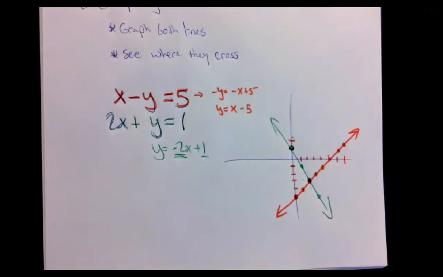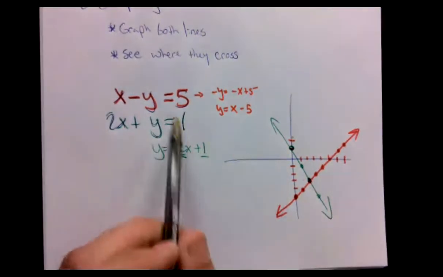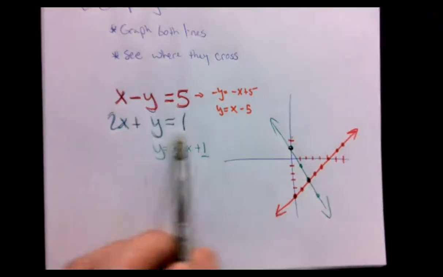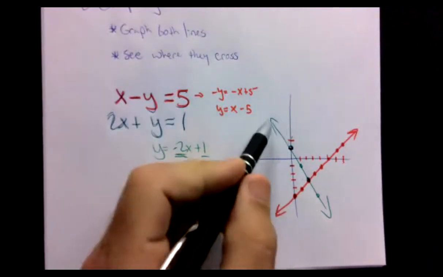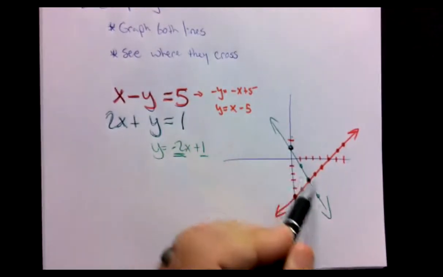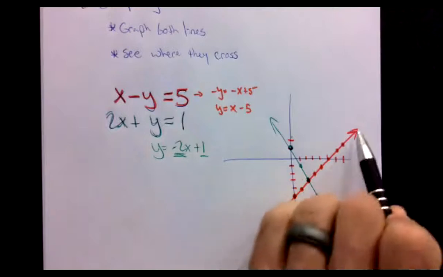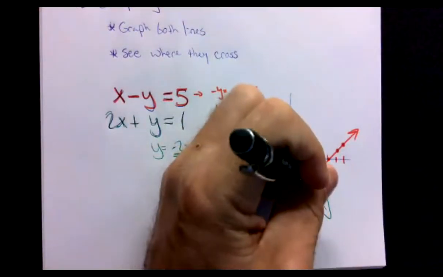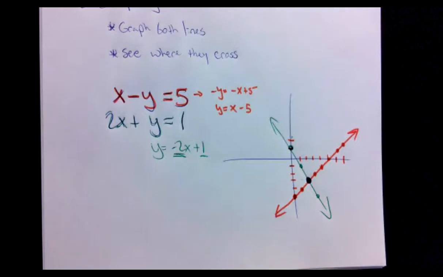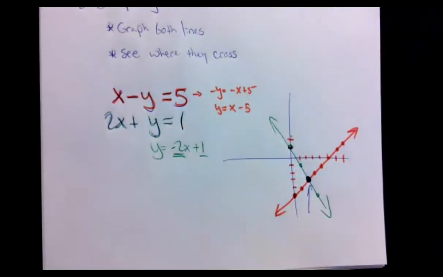So what we're looking for is what solutions work for both this red equation and this green equation. So the green is obviously all of these. Okay, red is all of these. So there's only one point that's going to work for both lines, and it's that point of intersection.